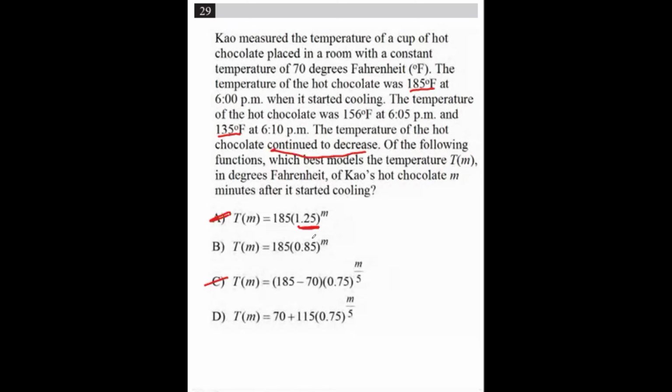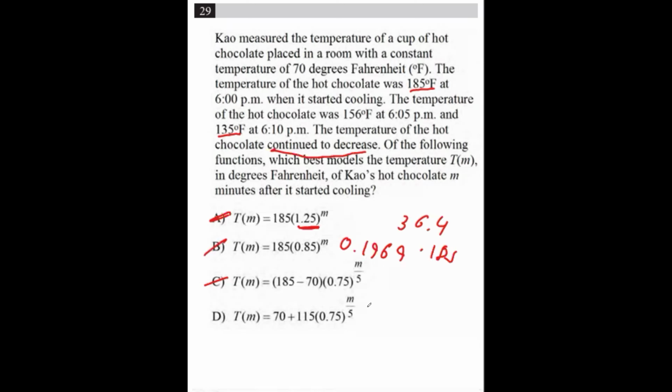No, that would be about 0.2, 0.1969, I think, is the exact value of 0.85 to the 10th power, and then multiply that by 185, and we get 36.4. 36.4 is not 135, so it's not B.